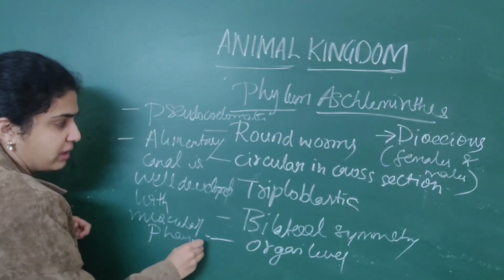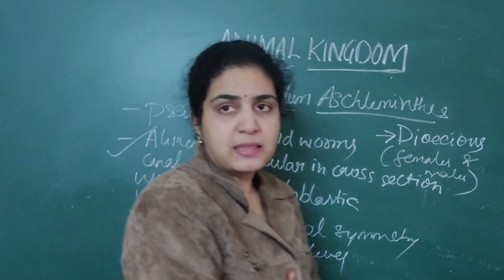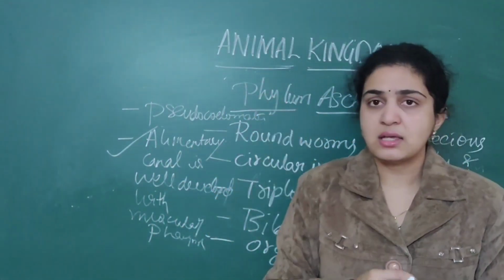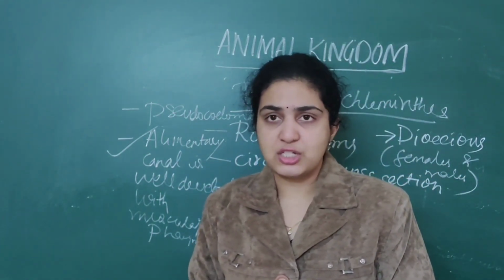So this is one important feature that you should remember. The alimentary canal is well developed with a muscular pharynx in the phylum Aschelminthes, that is, roundworms. That is one specific feature.